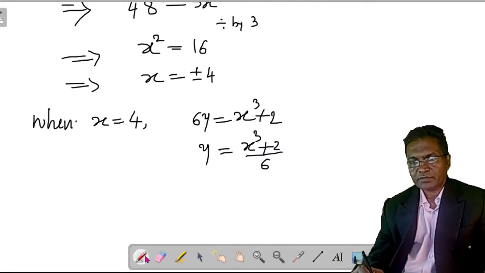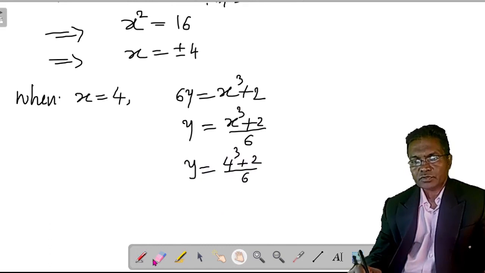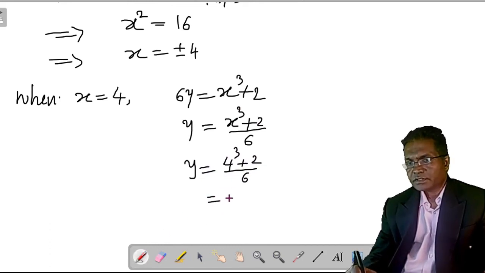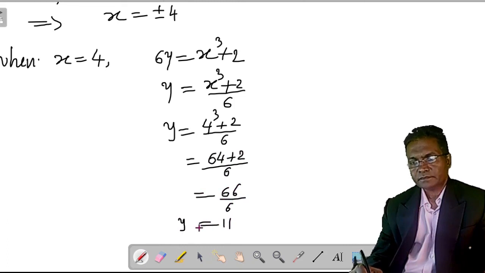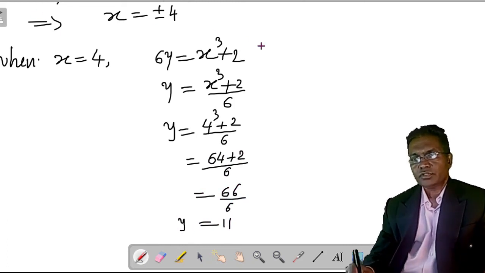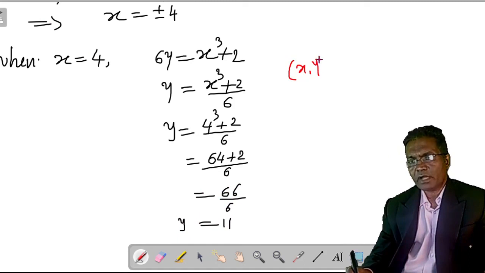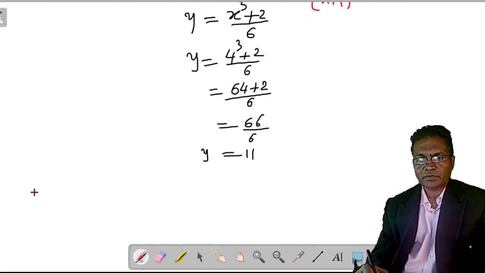Now substitute x as 4. So 4 cube plus 2 by 6. So 4 cube is 64 plus 2 by 6. So it is 66 by 6, and that gives you 11. Okay, so you got one set of coordinates x comma y as 4 comma 11.